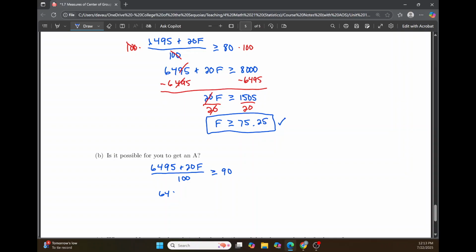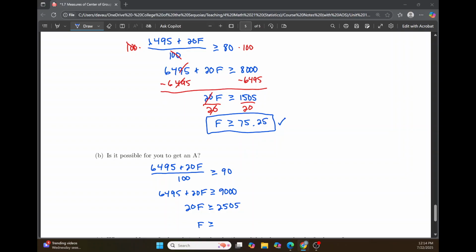Okay, which means we would need 20F to be greater than or equal to 2505, which means we would need F to be greater than or equal to whatever 2505 divided by 20 is.